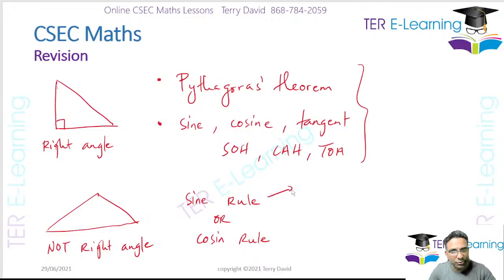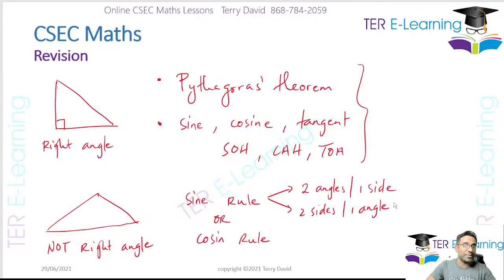You use the sine rule when you have two angles and one side, or you have two sides and one angle. That's how we know if you are using the sine rule. In the case of the cosine rule, you must have three sides, no angles.